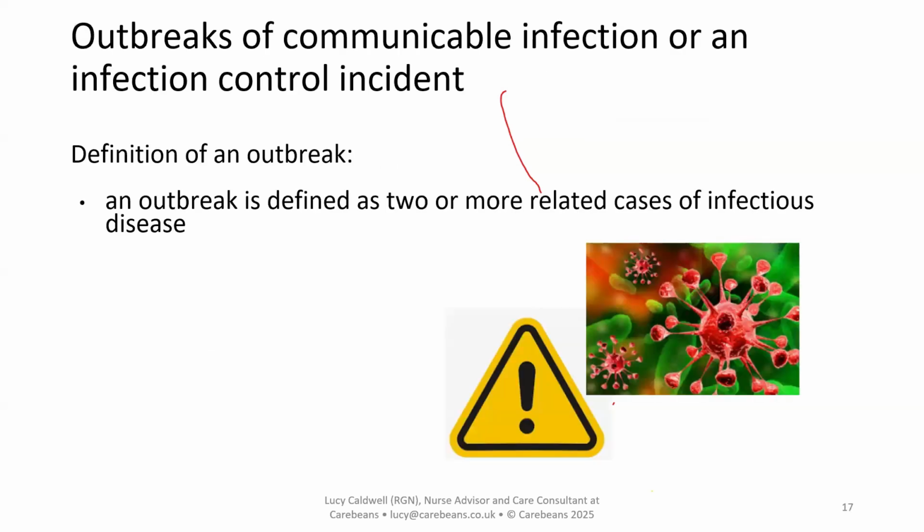Okay, so as we know, outbreaks do happen. Outbreaks of communicable infection or an infection control incident. But what I mean by communicable infection is infection spread from person to person. So that's what communicable infection means. So there's a number of infectious diseases that may spread rapidly to other residents and therefore cause outbreaks within any care setting.